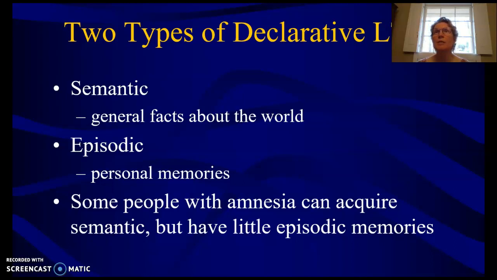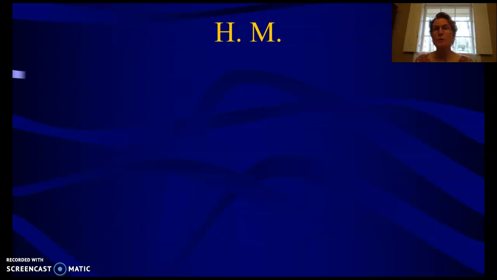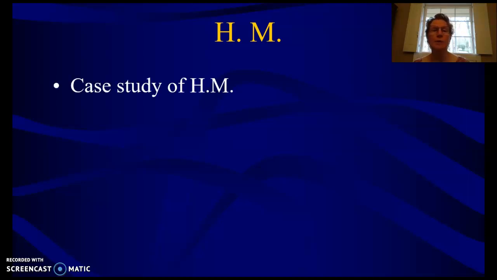So they seem to kind of learn things over time, even though they don't remember the circumstances under which they learned those things. So let's give you a concrete example. There's a famous case study in psychology, a guy named H.M. And actually, he died a few years ago, so we know his name. His name is Henry Molaison.